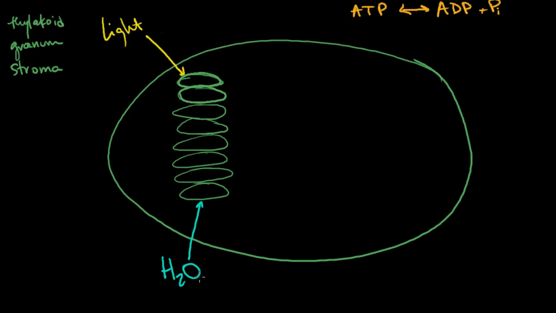So water is one of the reactants that's used here. So we've got light and water. And what ends up happening is that this light, by exciting the electrons in water, actually splits water apart, and obviously not in a balanced equation, in a non-balanced equation.